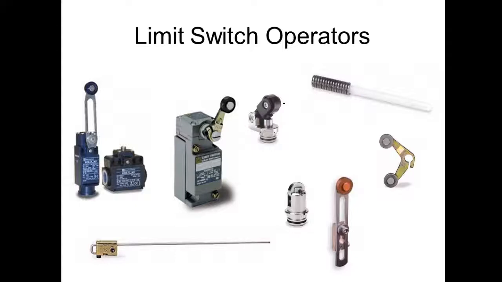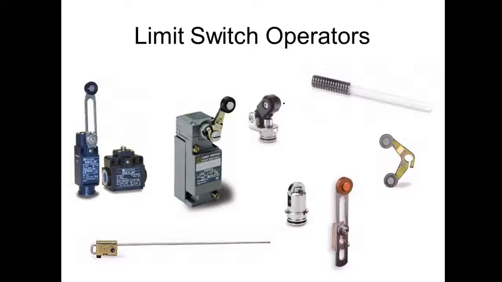These are rotary types, and normally the rotary types will have some type of set screw, so you can literally put different operators on the limit switch. A lot of people will just carry the body, and when you go out to replace one, you use the operator that's already on the one you're replacing if it's not broken.